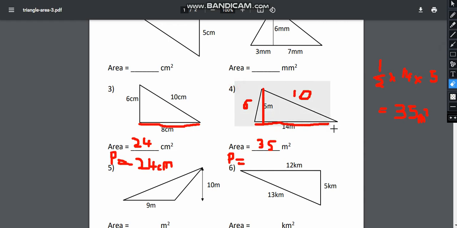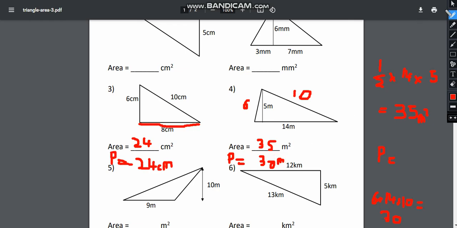Just work this out. If you walk around all 3 sides, P is equal to 6 plus 14 plus 10. Because you're walking around all 3 edges. 6 and 14 is 20. 20 and 10 is 30. So the perimeter there is 30 meters.